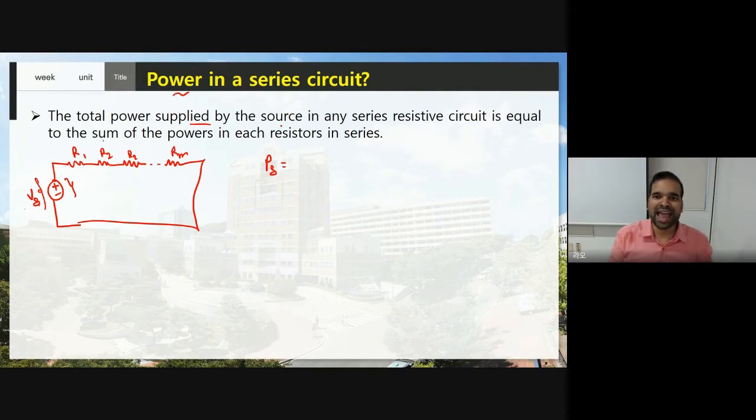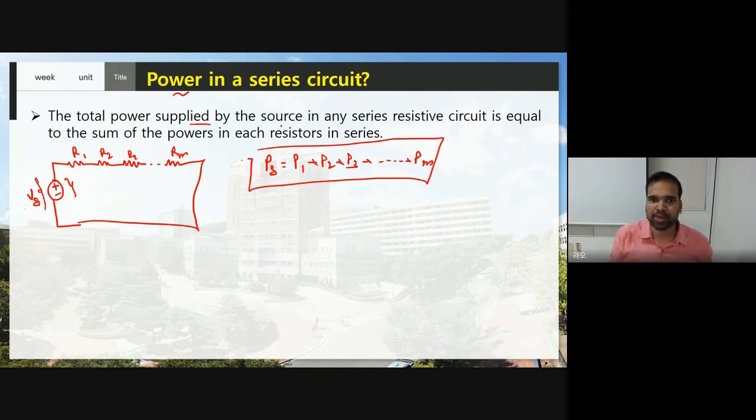So we need to add that, so it is equal to the sum of the powers in each resistor. Let us consider P1 is the power at resistor R1, P2 is the power at R2, P3 is the power at R3, and Pm is the power at the mth resistor.